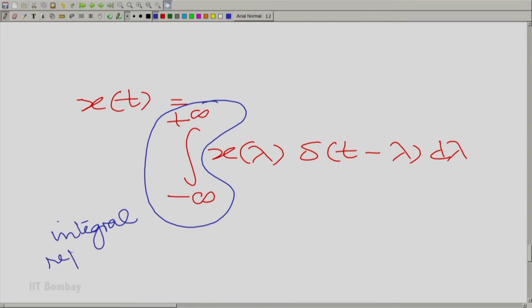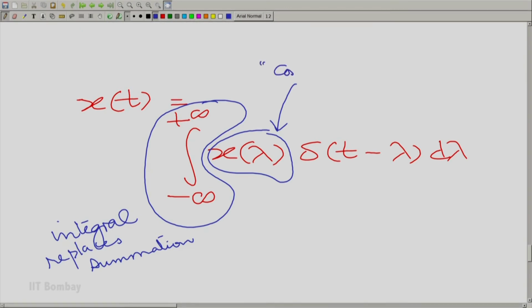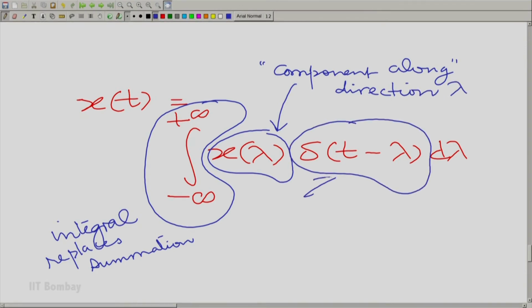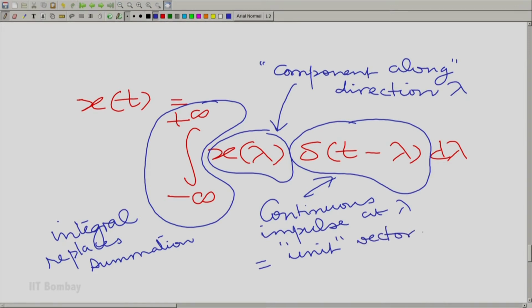So, what has happened here? The integral has replaced the summation. x(lambda) is the component along the direction lambda, or dimension lambda. And in fact, now you can also think of this continuous impulse at lambda as a unit vector, so to speak, along the dimension lambda.